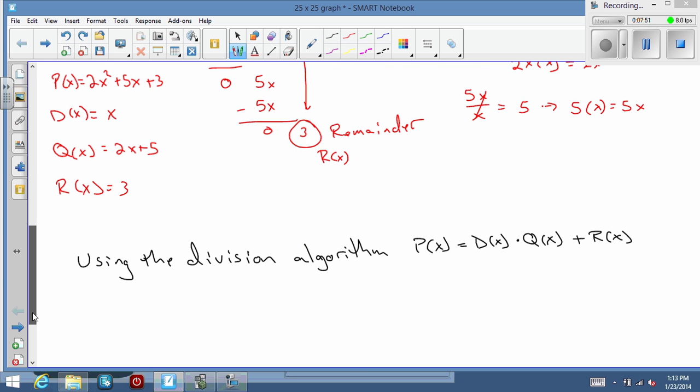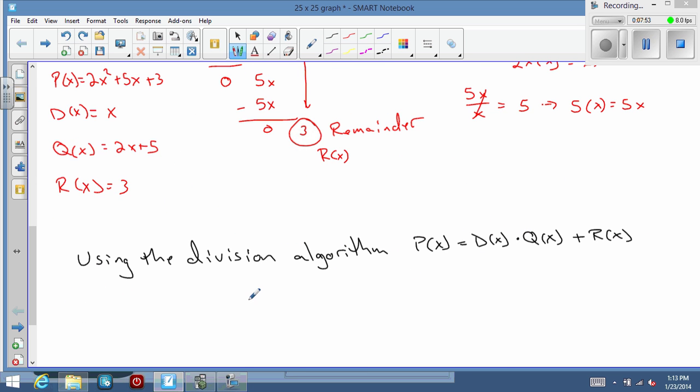So when I go down here and I write my algorithm, I do my p of x, 2x squared plus 5x plus 3 equals d of x, which was the x, times q of x, which is the 2x plus 5. So far we have not included the remainder, and that remainder goes over here, added to the end, so plus 3. And there is our division algorithm.